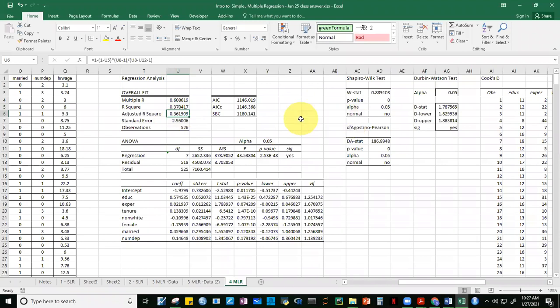So, sino, guys, sino mas maganda? Si Model 1 o si Model 2? Guys, answer? Based on adjusted R squared.